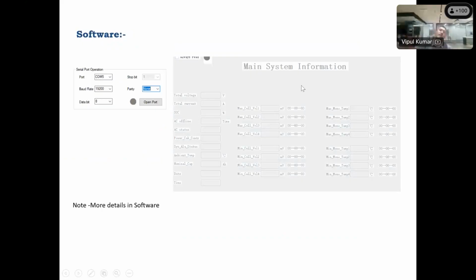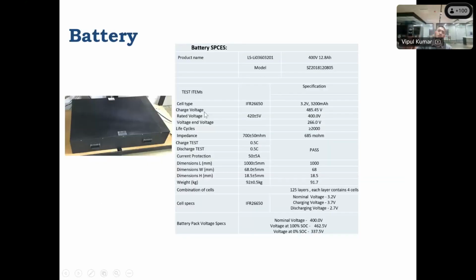So we are taking this data, like battery SOC. Okay, and it has 8 slave BMS. So we are getting 8 slave parameters also, every slave has a string, so we have 8 strings. The data of every string we are getting in the software using RS485.